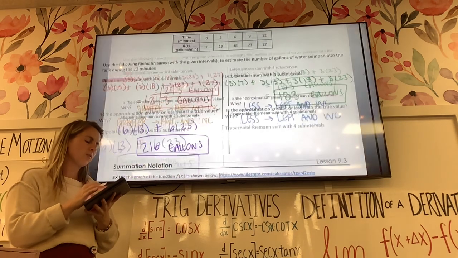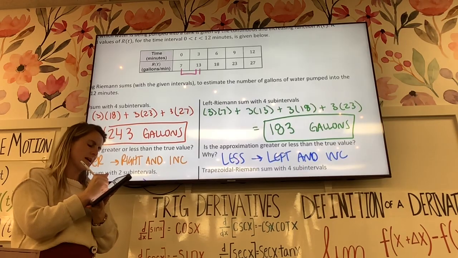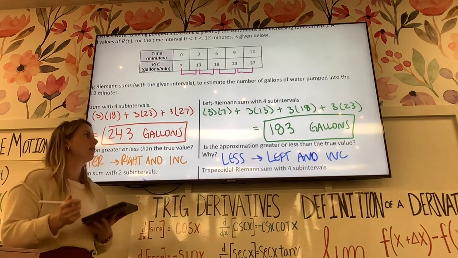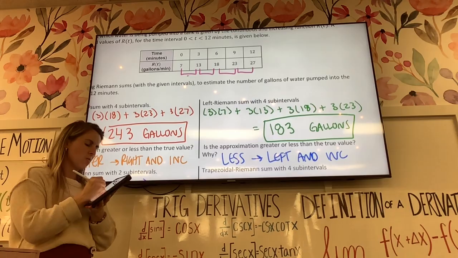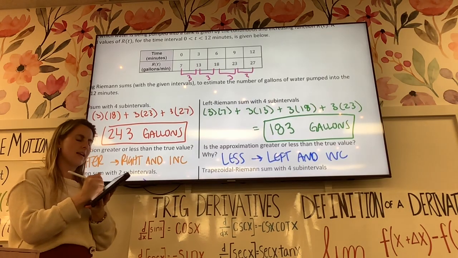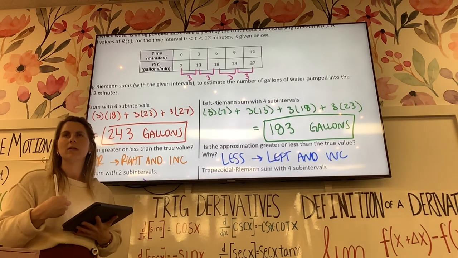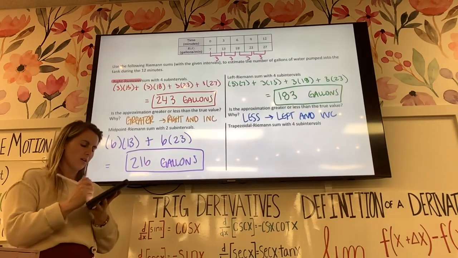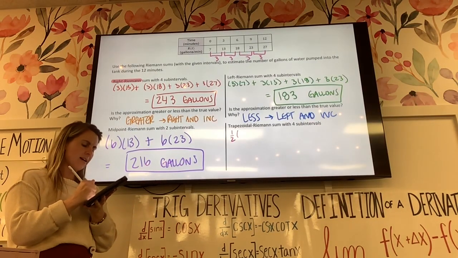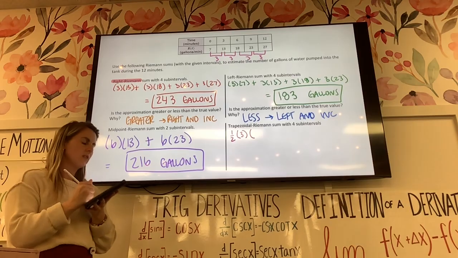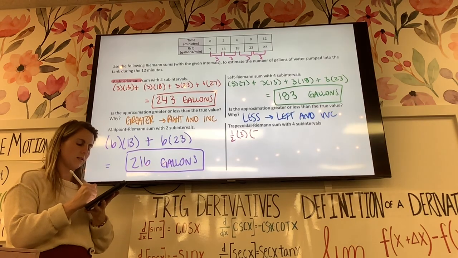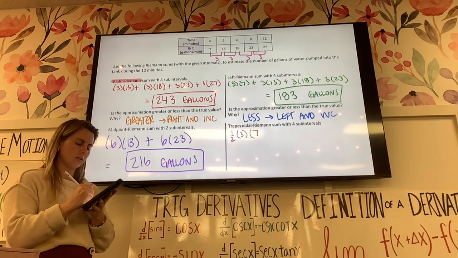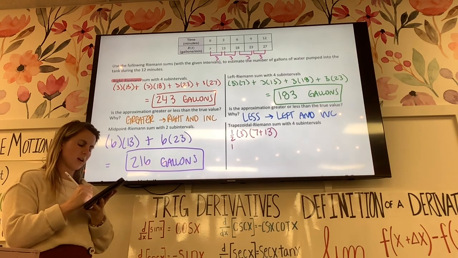All right, so for trapezoids, we've got 4 subintervals, so we're going to go back to doing 4 little boxes here. Now remember, the width of these is actually the height of your trapezoid. So 1/2 times 3, what's my first base? 7 plus 13. The next trapezoid is 1/2 times 3, 13 plus 18.